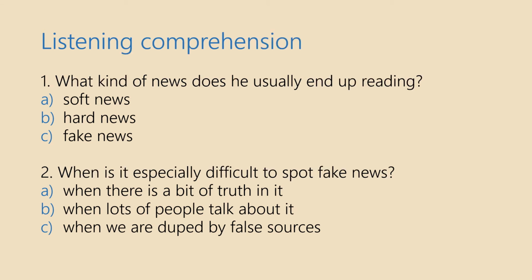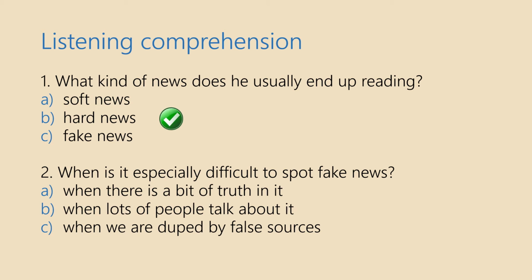Let's check your comprehension. What kind of news does he usually end up reading? A. Soft news. B. Hard news. C. Fake news. And the correct answer is B. Hard news.